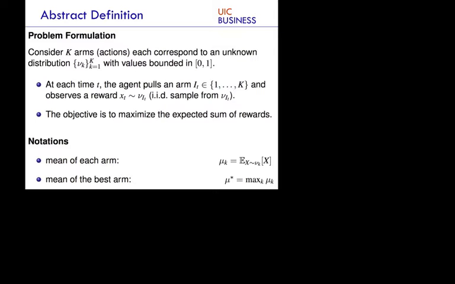Why am I bringing in distributions? Because at each time t, when I pull an arm or take an action, the action at time step t is going to be one of these k actions. If I take that action, I'll observe a reward x_t, which is drawn from the distribution.